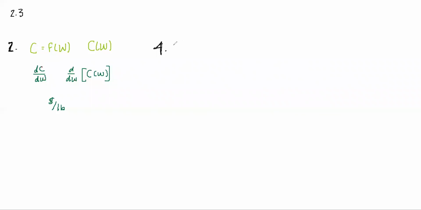P equals f of h, and then it would be d of p over d of h. And this just means the derivative of P with respect to H. And what would the units be for this? Dollars per hour. Yep.